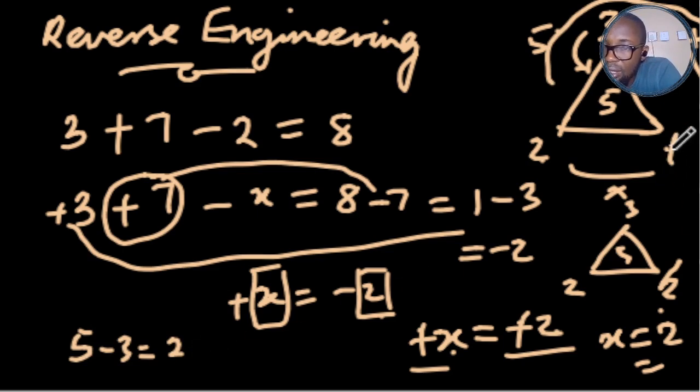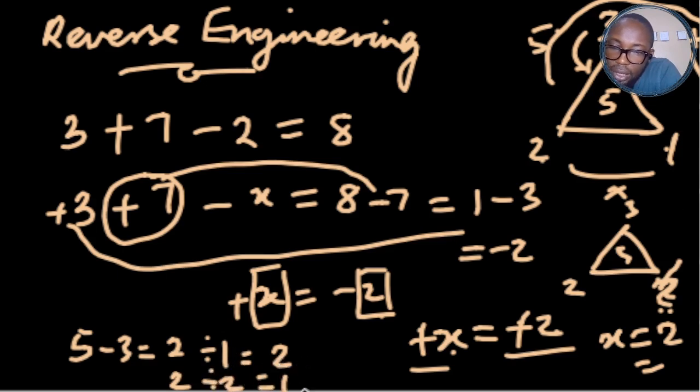What we did to this one was that we multiplied by 1. Now I'll say 2 divided by 1. I'll get what? 2. That's the 2 here. But if 1 is not given, especially in this one, 1 is not given, I'll just do 2 divided by 2, and I'll get 1.